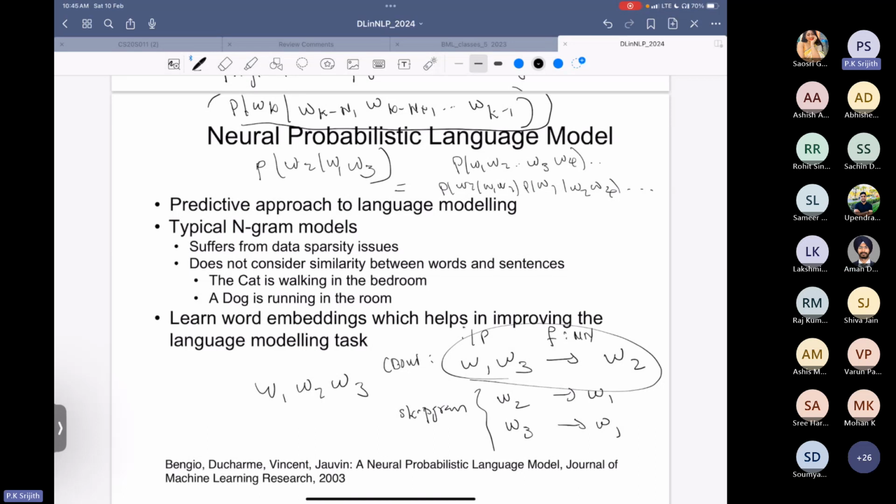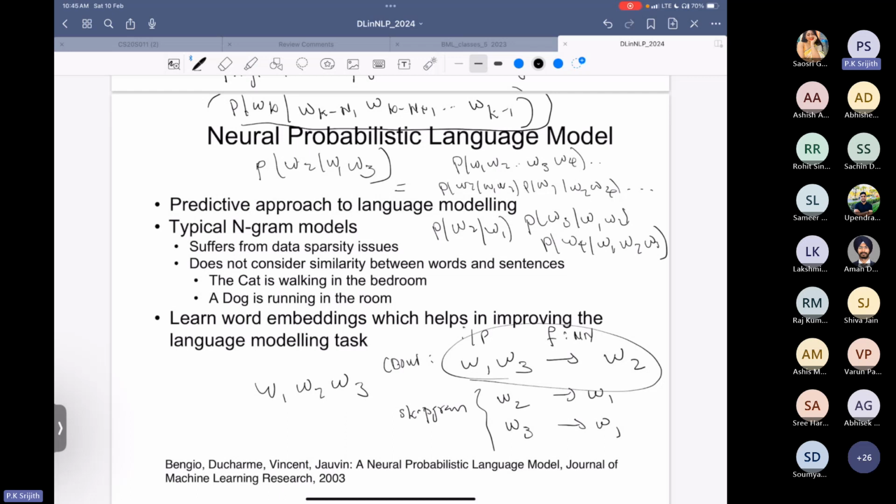So what this neural probabilistic language model does is go for a language modeling task where it tries to predict W2 from W1, W3 from W1, W2, and W4 from W1, W2, W3.